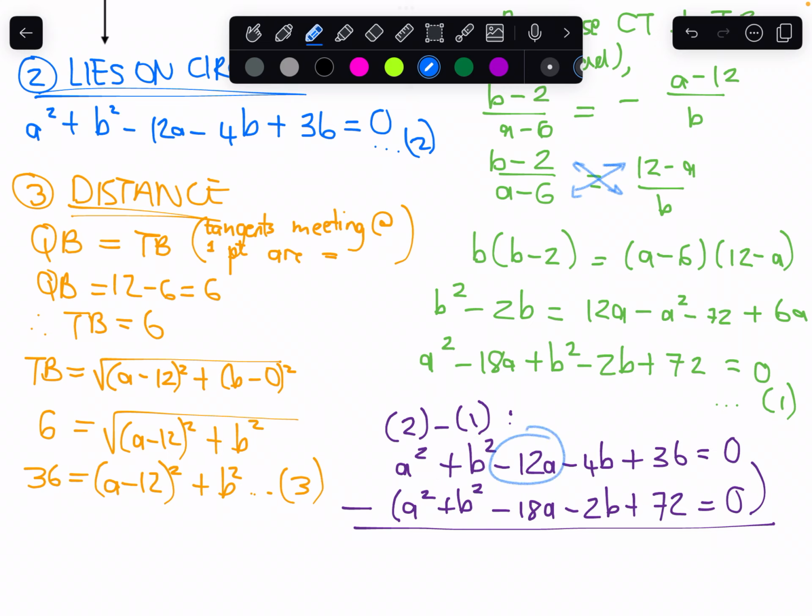Then we have minus 12a plus 18a, which is positive 6a. Got me my positive.